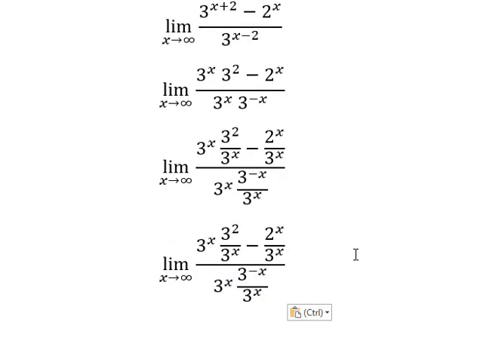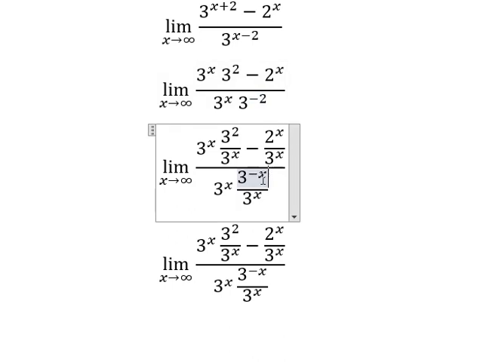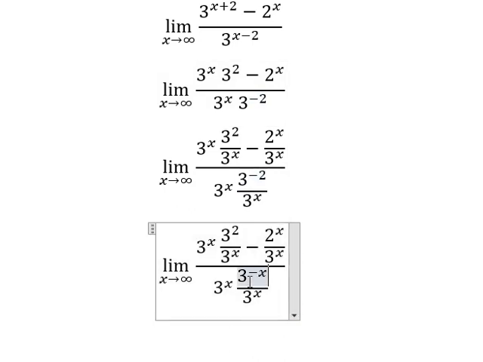So, this is negative number 2. So we simplify and we have like this.